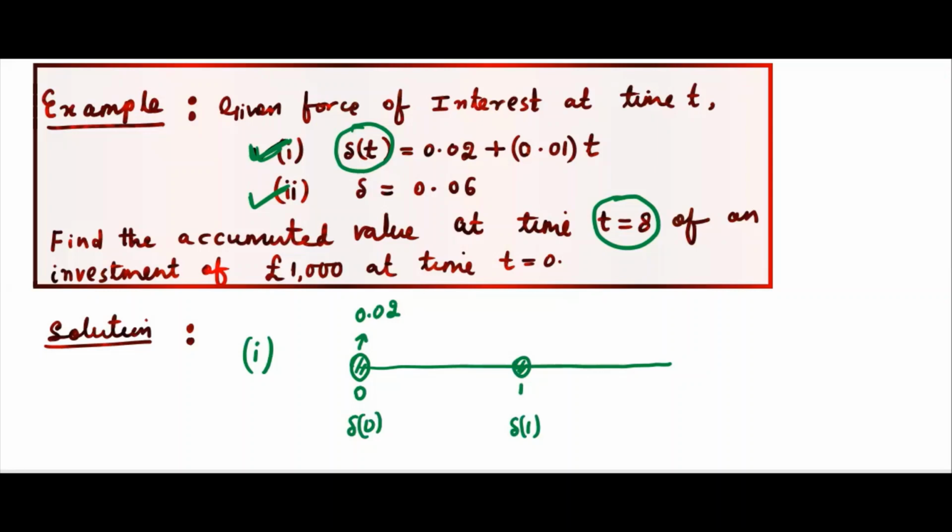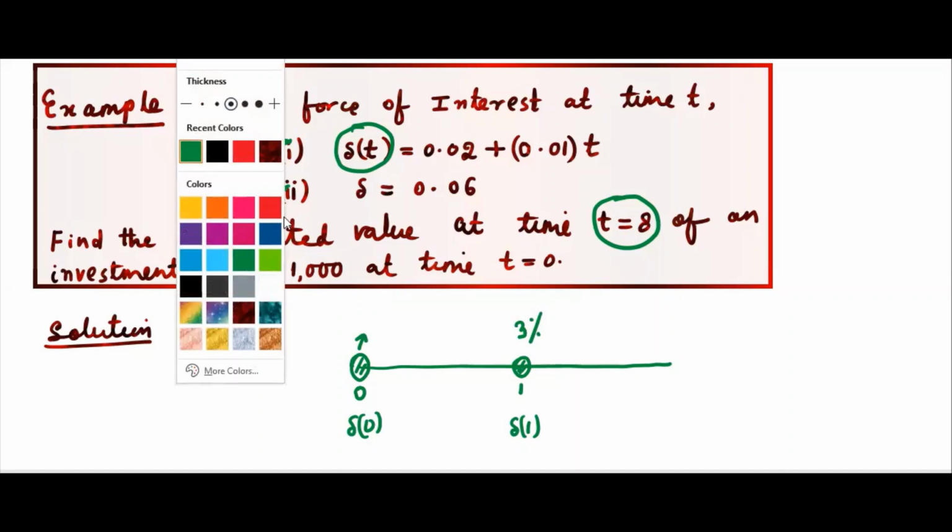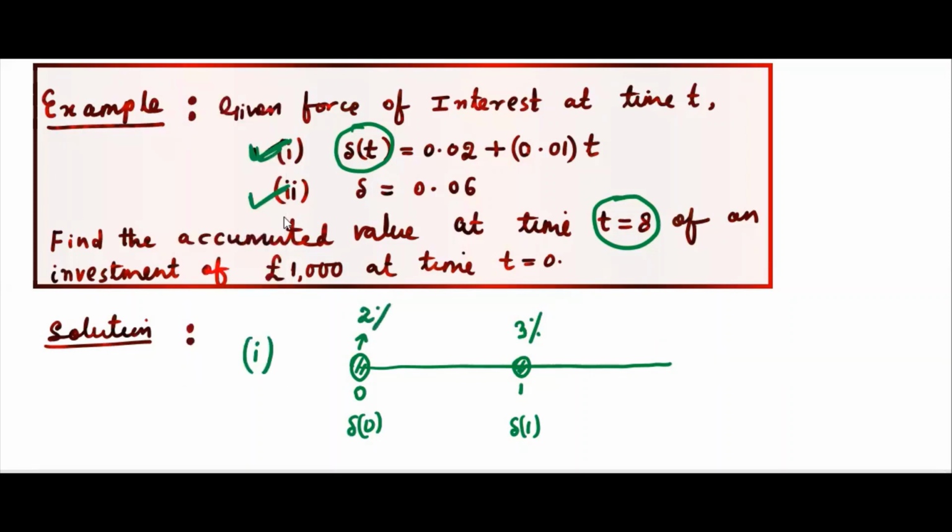So you can add these two, that is 0.03, 3% here. So the interest rate acting is 3% here. It's not the same. Here also let me write in terms of percent, 2%. So it increased from 2 to 3% in 1 year. That means your money will grow at 3% here.